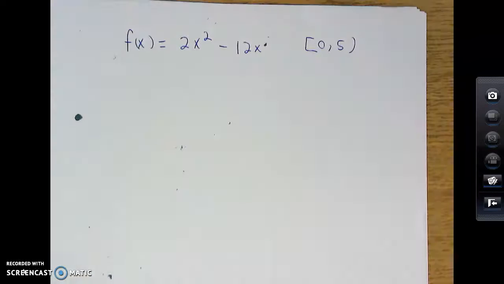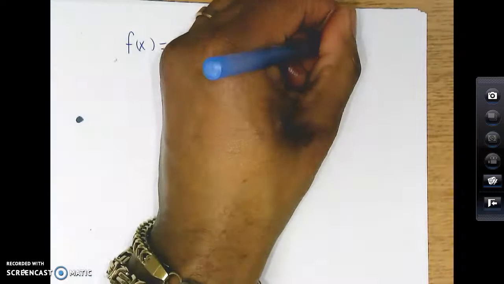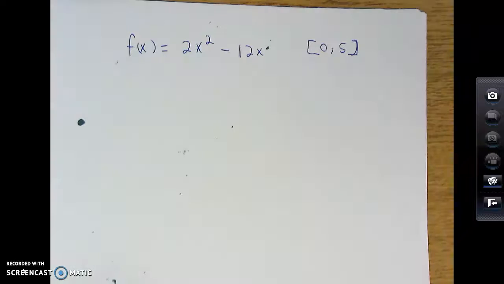All right, so another key thing here is that this is a continuous function. It's a second degree polynomial, and we do have a closed interval from 0 to 5, so I'm guaranteed to have an absolute max or an absolute minimum. That's guaranteed, because this is a continuous function on a closed interval.